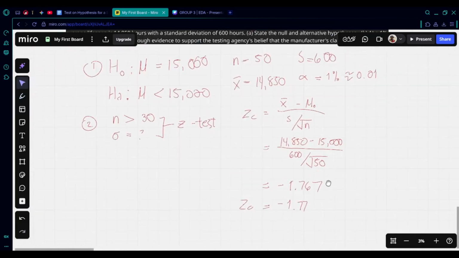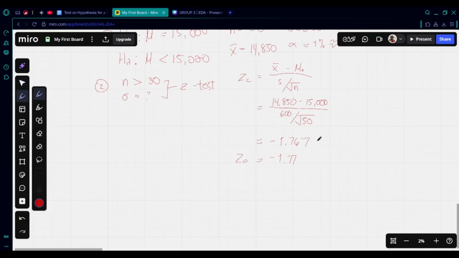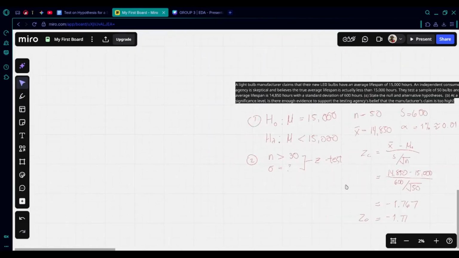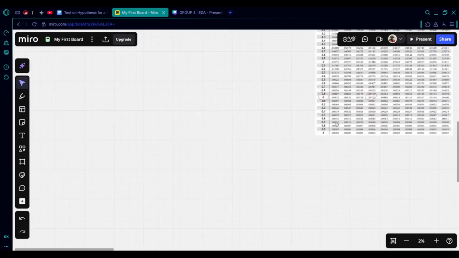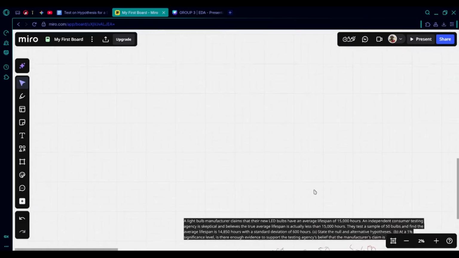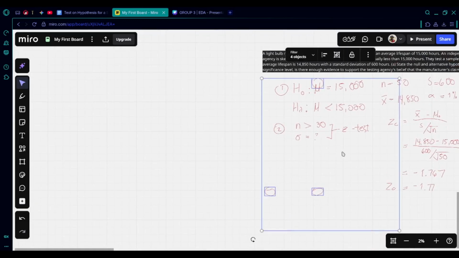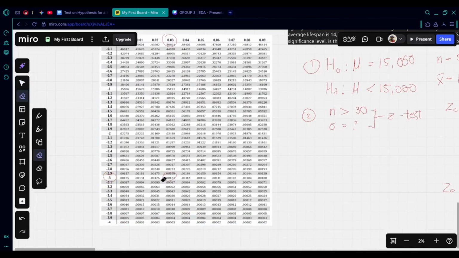Next, now that we already computed our Z value, we will now locate our cumulative area. By using the Z table, since this is negative, we will need the negative Z table. So let's just use what we have used earlier. Let me copy it, and then let's just erase these circles. By locating negative 1.77, we have here negative 1.7.